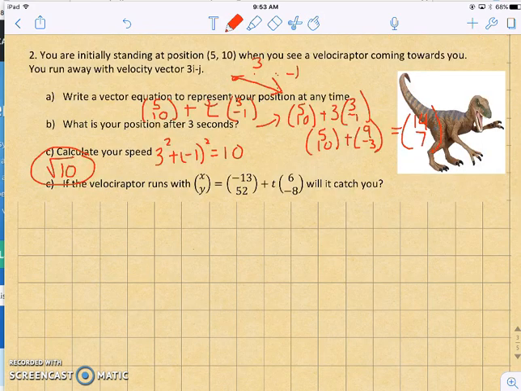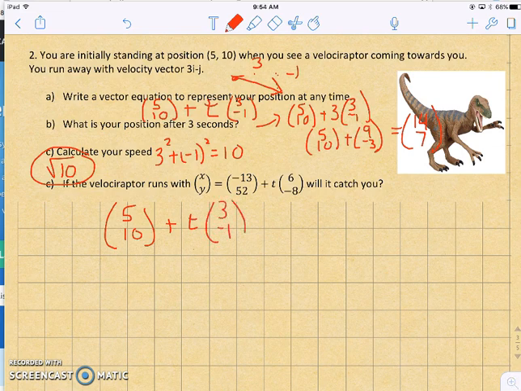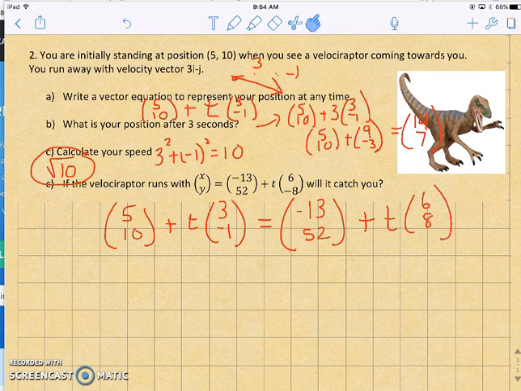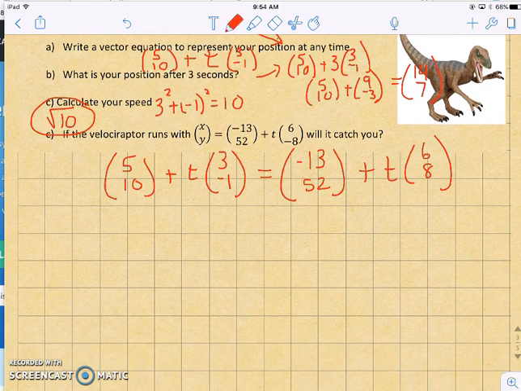So let's see. So you're moving at 5, 10 plus t times 3, -1. This velociraptor is moving at -13, 52 plus t times 6, 8. So let's set this up.